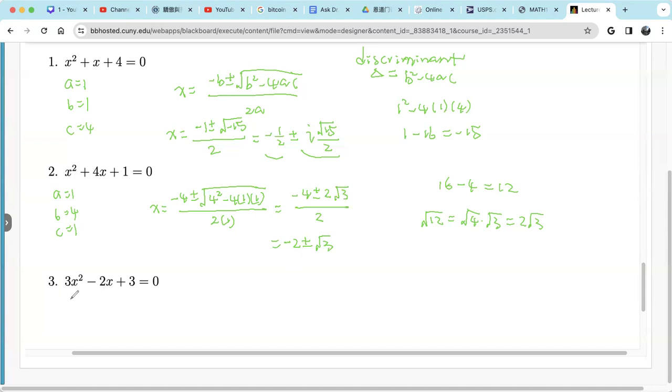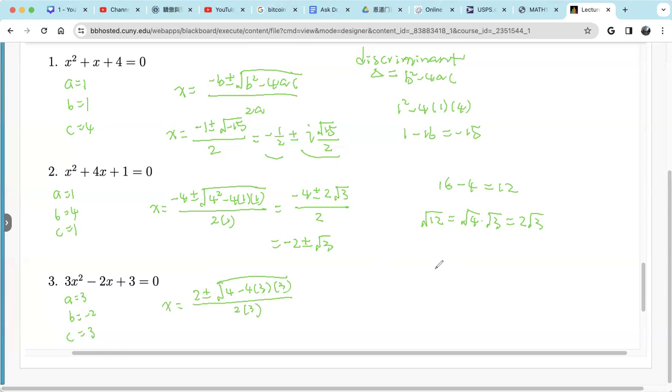Let's see number 3. a equals 3, b equals negative 2, c equals 3. So x equals negative negative 2, positive 2, plus or minus the square root of negative 2 squared, 4, minus 4 times a times c, times 3 times 3, all divided by 2 times 3.